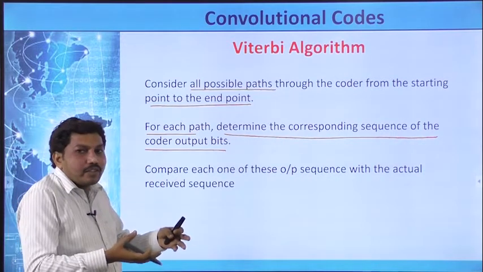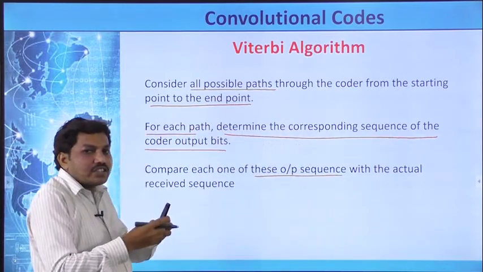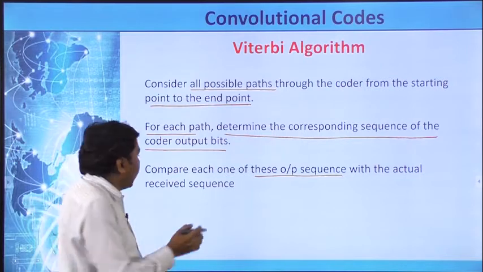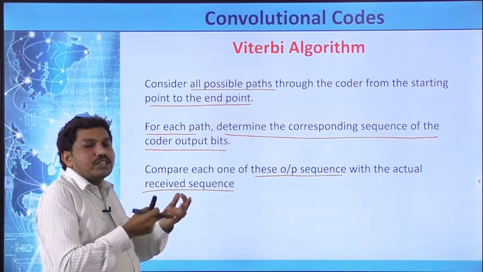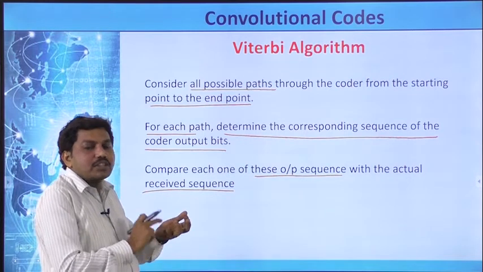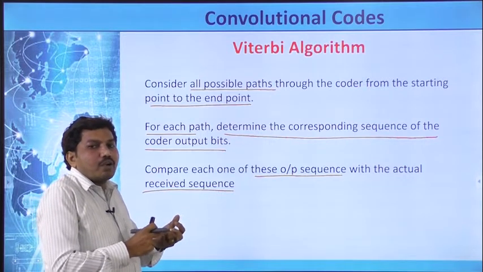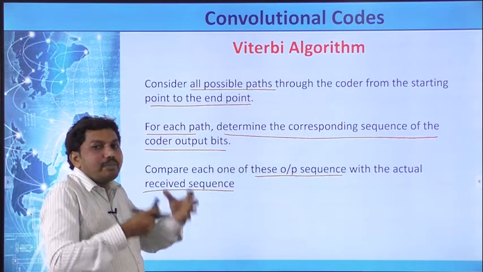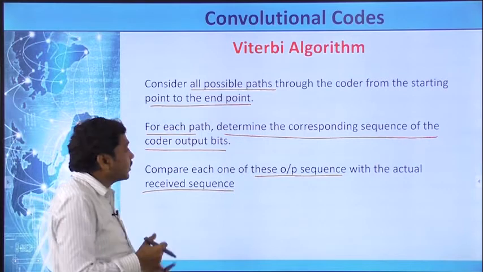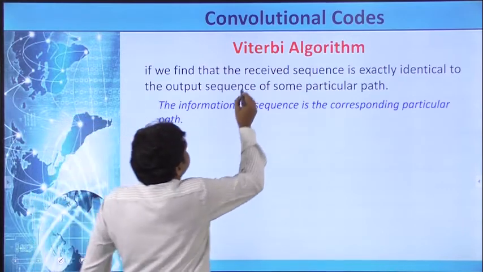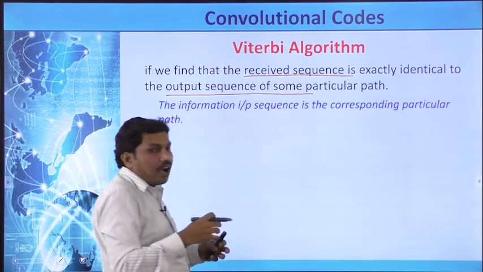So compare these output sequences, that is, the output sequence of the path and the actual received sequence. We received some code word or some sequence. That sequence is compared with the coded sequence of the path.